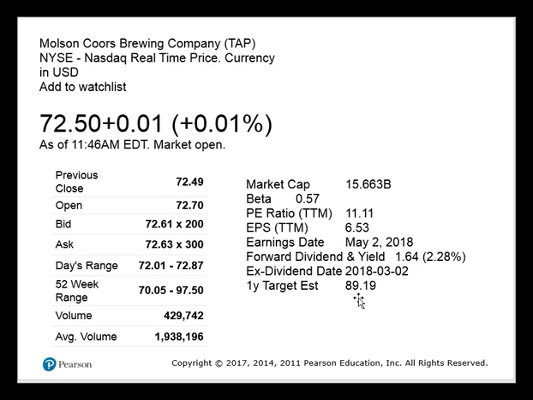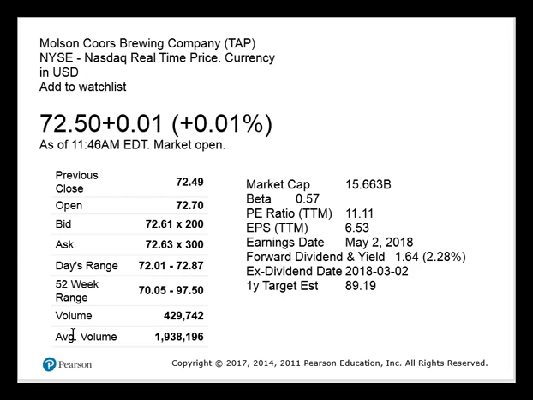So 23% is the expected increase in return from capital gains. If you add that to the dividend yield of 2.28%, if you bought this stock, the estimate is that you would earn roughly 25.3% in 1 year.